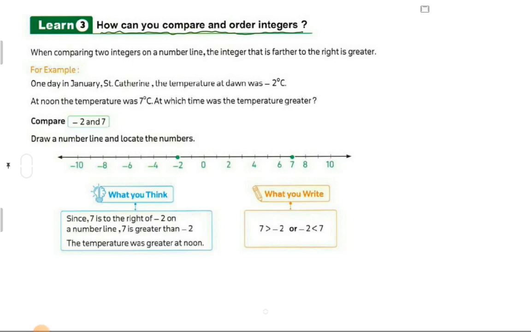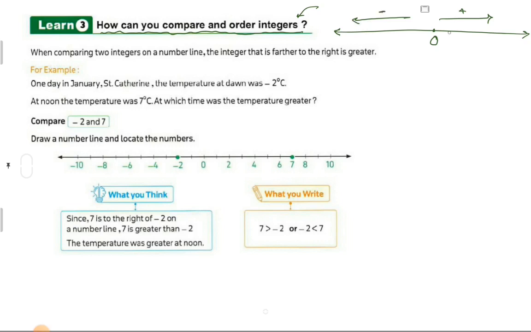Let's remember what integers are. We knew that integers are three groups of numbers. We have a number line. First we put 0. Here we put positive and here negative.